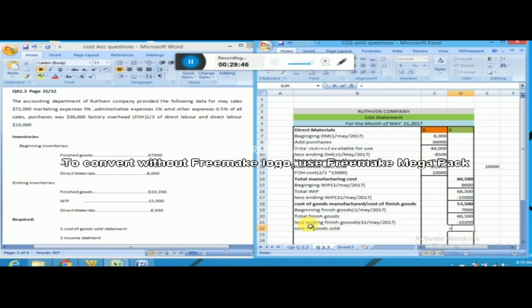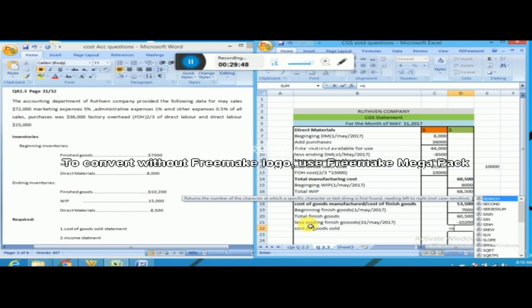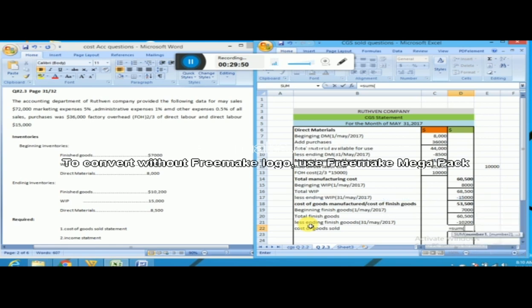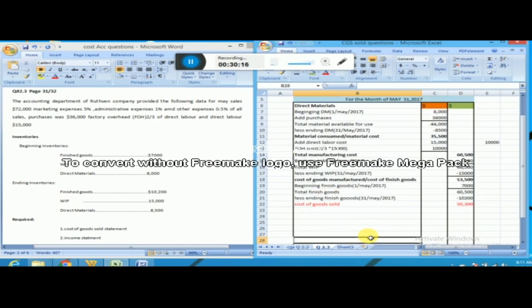How many goods did we sell now? Total goods was how much? 60,500. And in this 60,500, only 10,200 remain. So it means that we sold 50,300 goods. So in this way, we find the exact cost of goods sold.